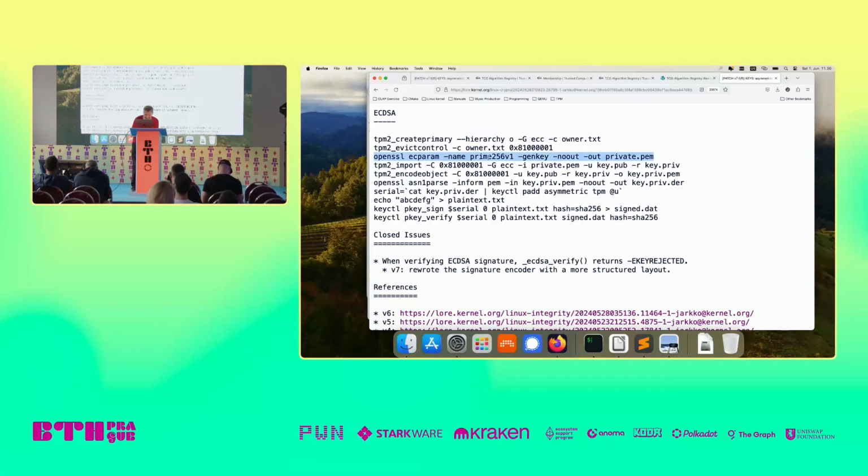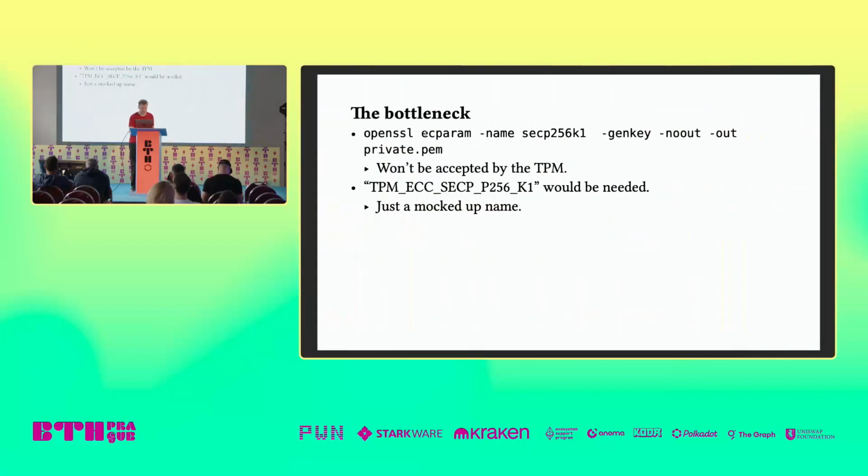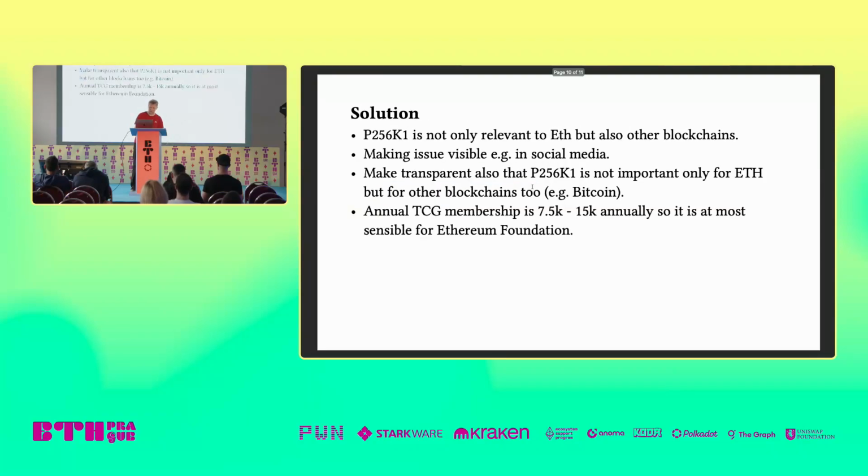Okay, there, it's NIST curve, but if I change the whole transcript by creating secp256k1, which is the one that Ethereum uses, at the moment it is not accepted by the TPM. This is what would make a lot of sense for all blockchain technologies, and I think it's possible to do.